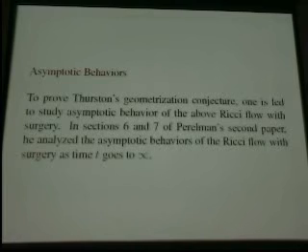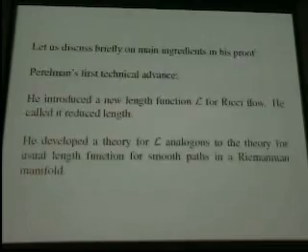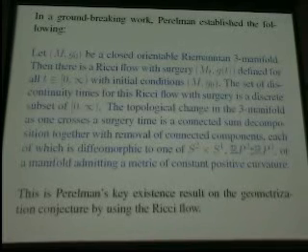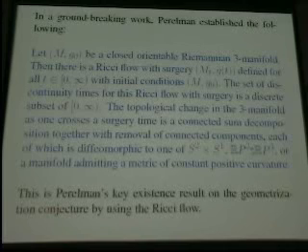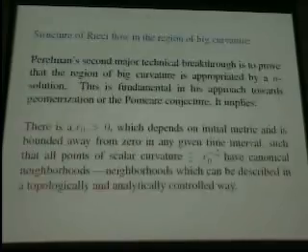So now I finished the rough description of the proof for this theorem. With this theorem at hand, we want to go ahead to prove the geometrization conjecture and the Poincare conjecture.